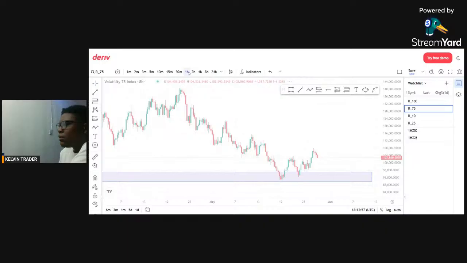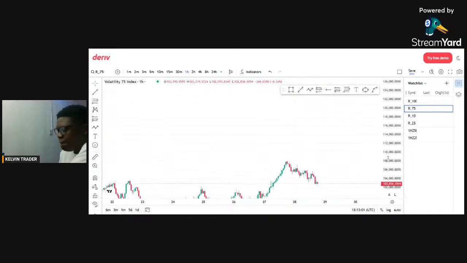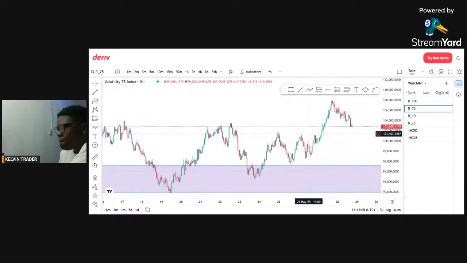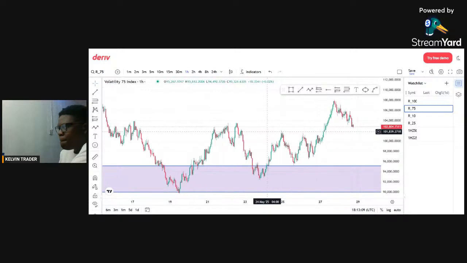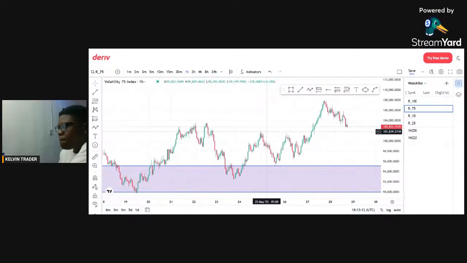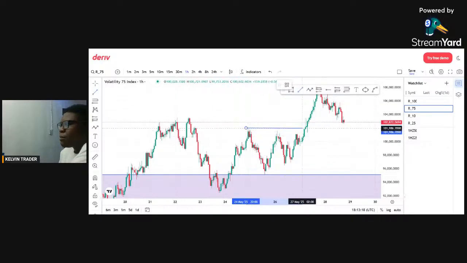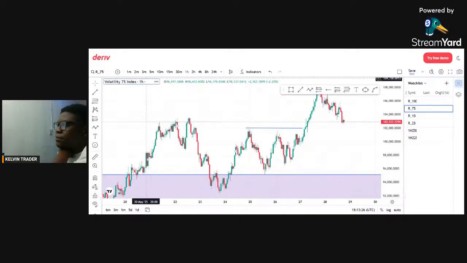On the 1 hour time frame, now we break structure here. No pattern here too. I'm not seeing anything.